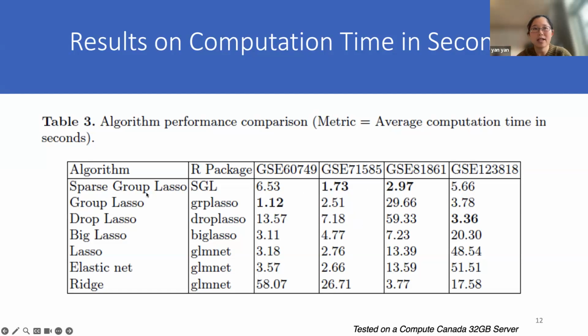We took a further look at this case to see why it took so long. It turned out that depending on how they group the different genes, some groups of genes will be assigned a weight or coefficient of 0, and if a lot of gene groups are assigned that way, then the rest of the computation takes less time.